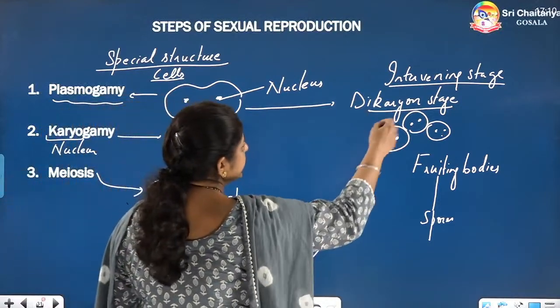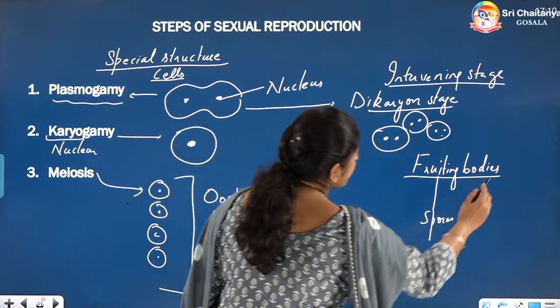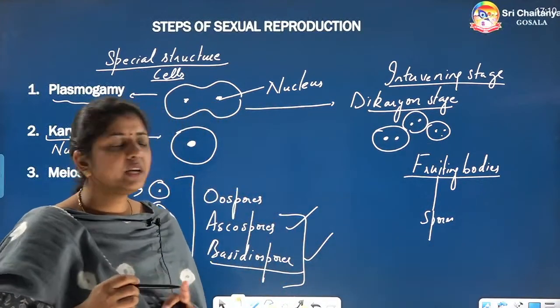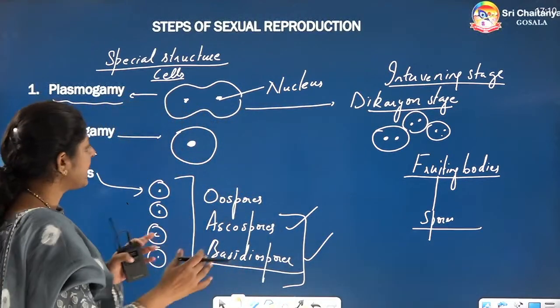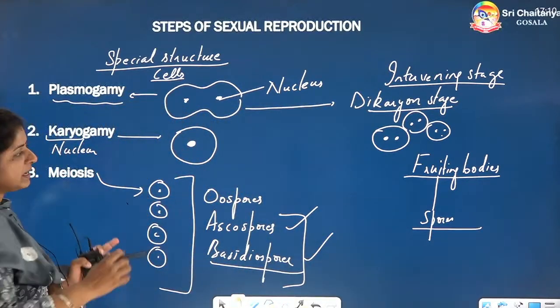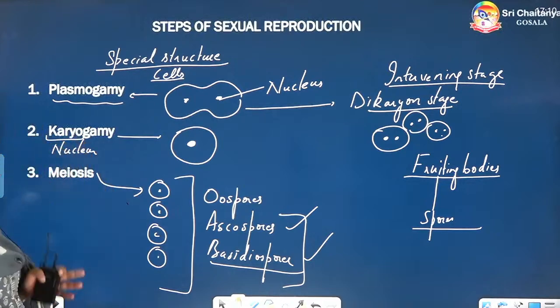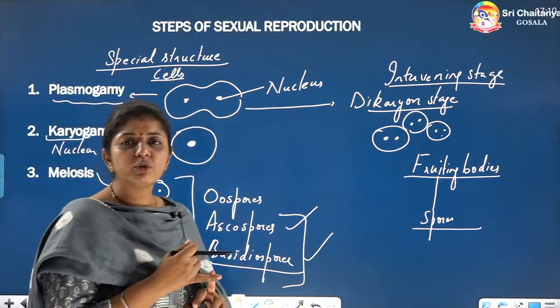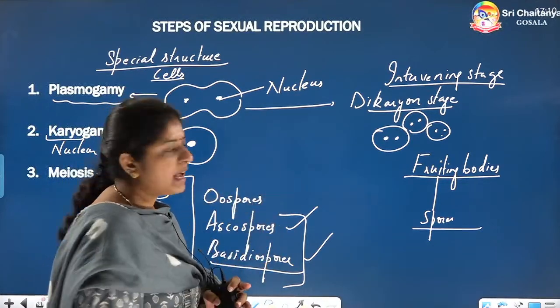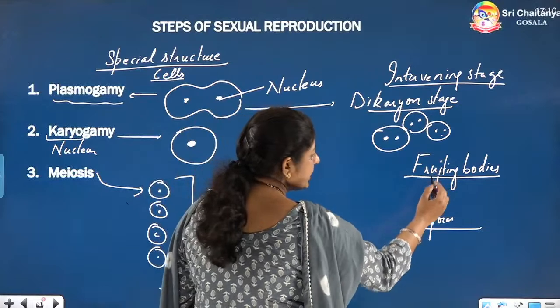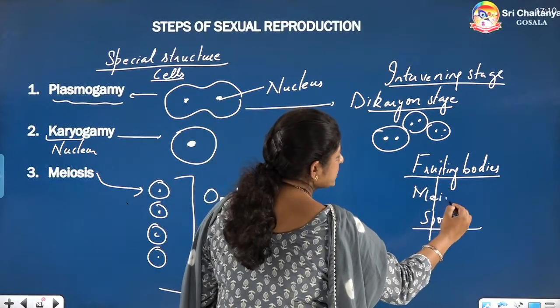That dikaryon stage multiplies to form the fruiting body, then the fruiting body forms spores. Fine. Now what happened in oospores? Immediately karyogamy happened for the formation of oospore. But for ascospore and basidiospore, it will be delayed. After making the fruiting body, inside that fruiting body meiosis happened.